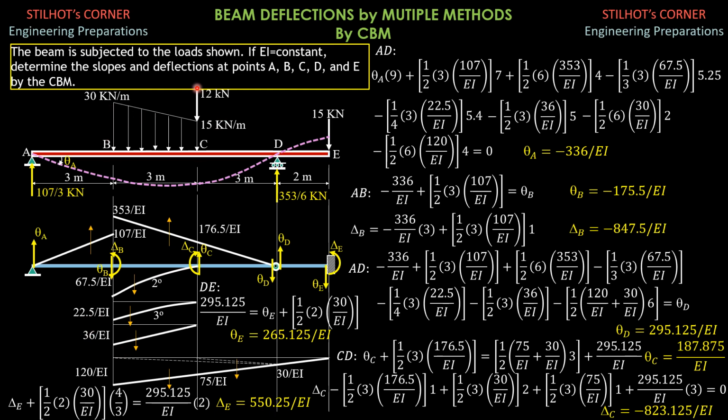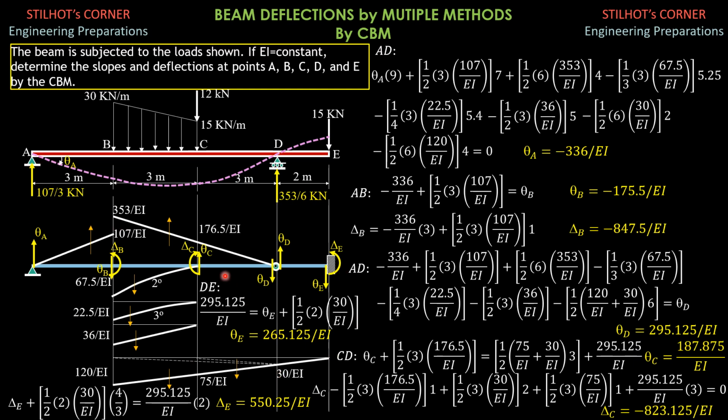For this point load, 12 times 3, 36 over EI. And for this another point load, 15 times 8, 120 over EI, 15 times 5, 75 over EI, 15 times 2, 30 over EI. So this is the complete loading diagram.